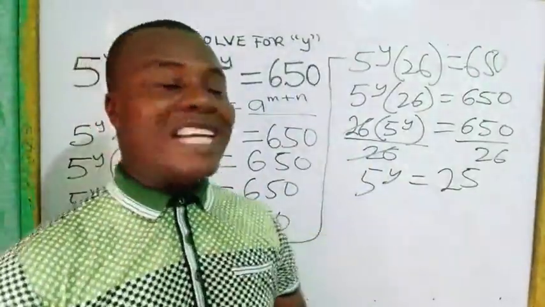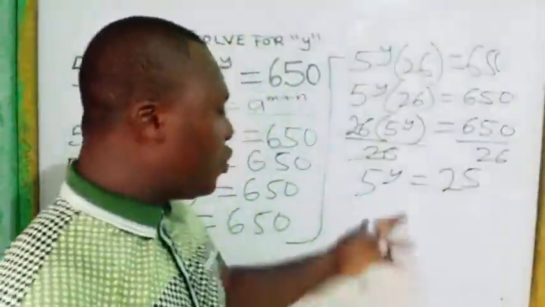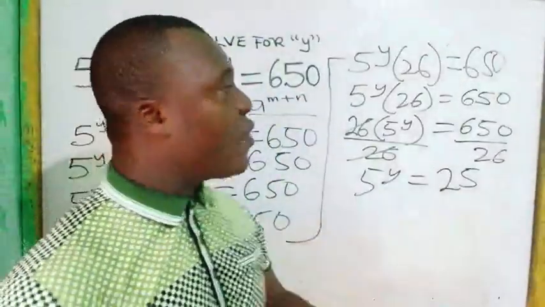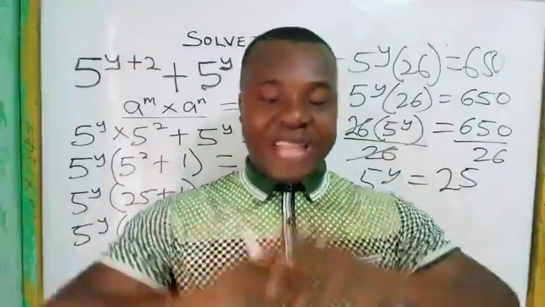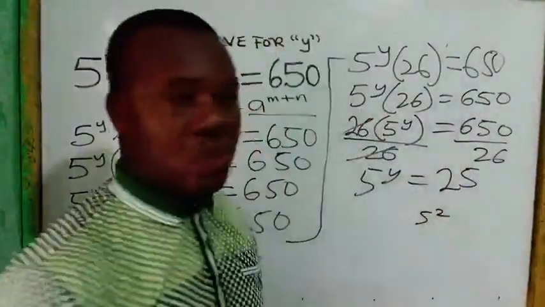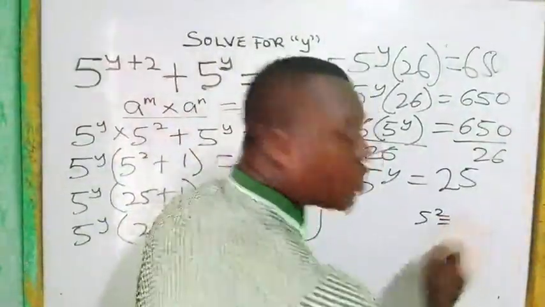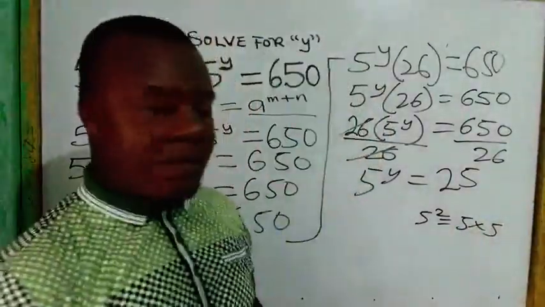Now we need to find what exponent of the same 5 will give you 25. And we can say 5 raised to the power 2, which is 5 times 5, which is 25.